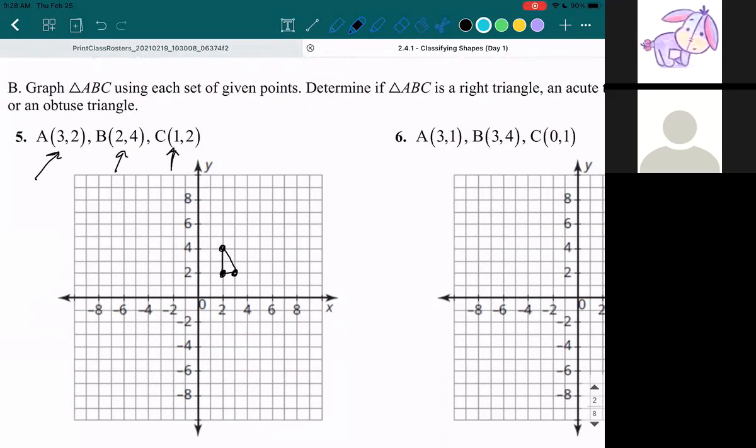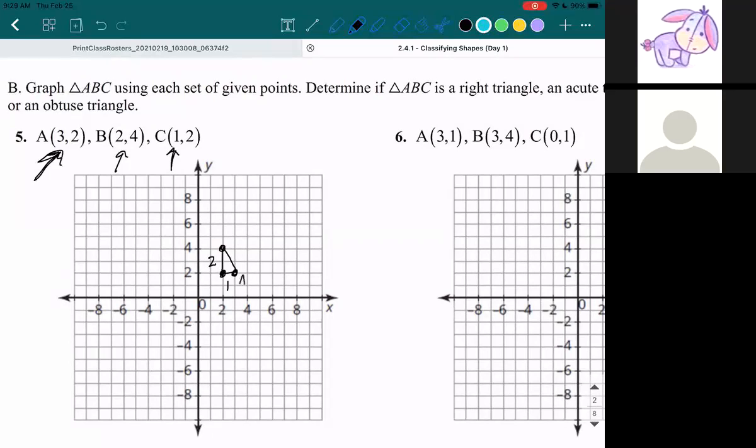For this vertical side length, you can count the boxes and you can see that the side length is 2. For this one, you can count the boxes and see that the side length is 1. For the third side length, it's a little bit harder to tell. So let me actually label my points.